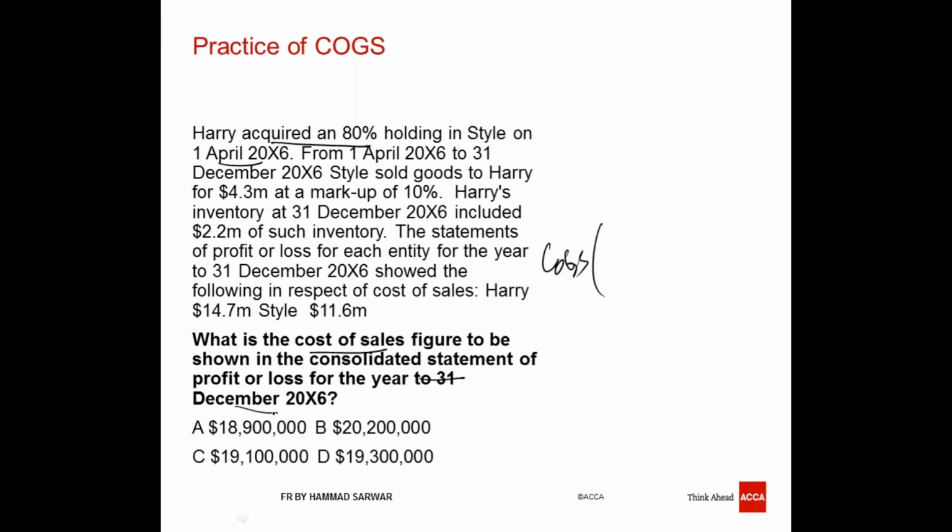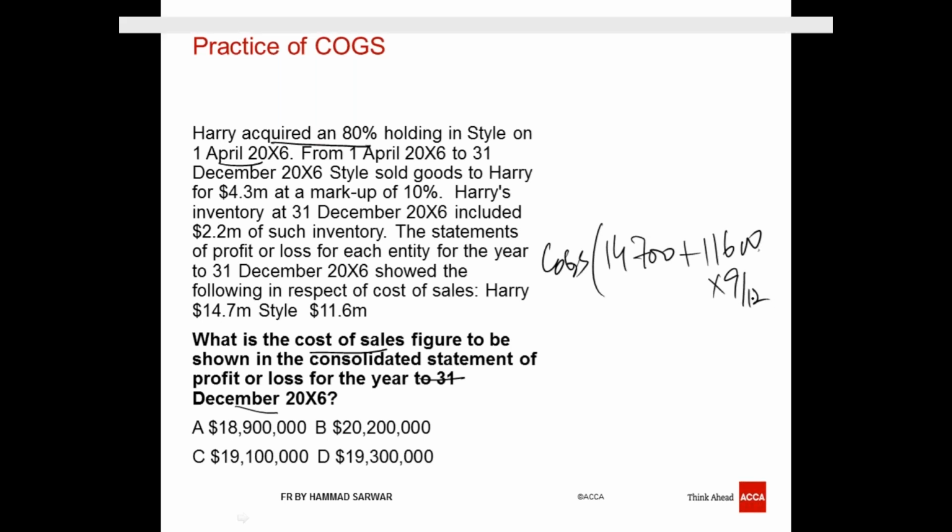So from April to December, the time period is actually 9 months. So you need to take 9 months figure for the subsidiary company. So for the parent, Harry is the parent company. 14,700 will be the full amount. But for the subsidiary, you need to take the 9 months revenue.